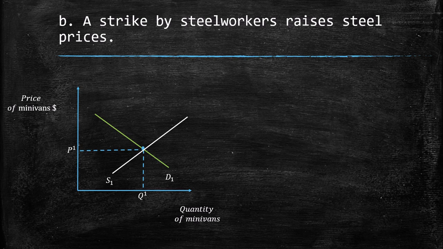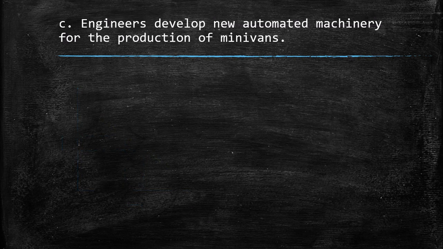So the supply curve is going to shift to the left. So here the effects are the quantities are going to decrease and the prices are going to increase.